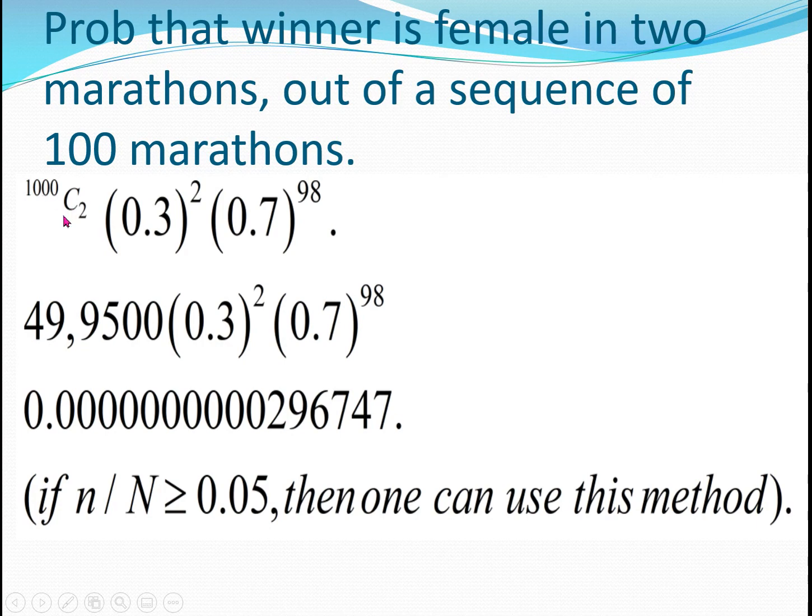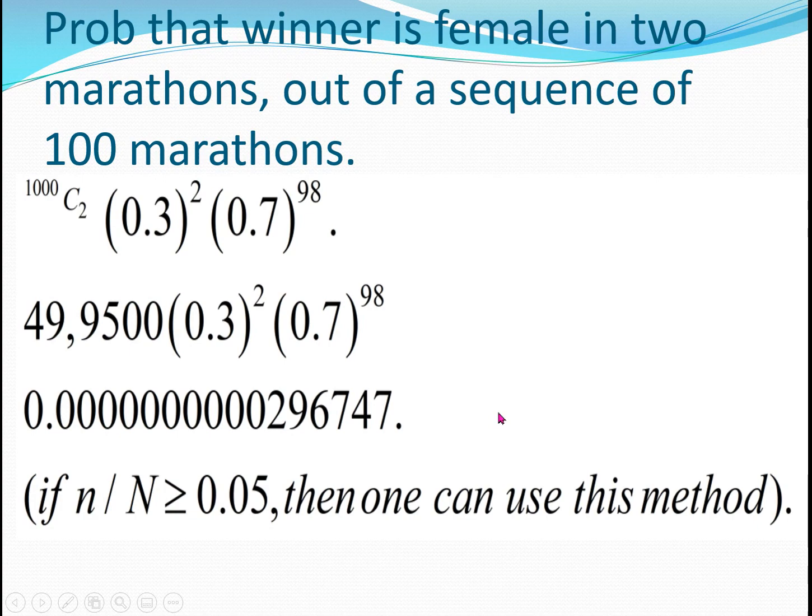By the way, if you don't know the concept of permutation and combination, it's high time that you refer back to the earlier videos before you gain your grip on the concept discussed in today's video. So this is, you can see, a very small probability. Out of a sequence of 100 marathons, this is the probability that 2 times a female wins the marathon.